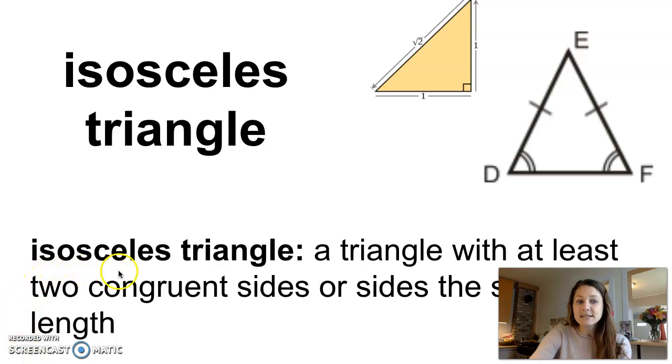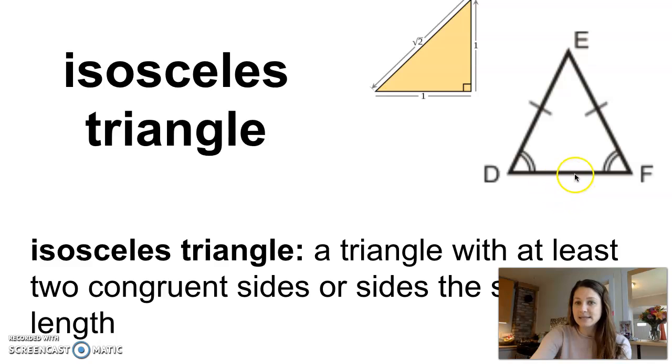An isosceles triangle is a triangle with at least two congruent sides, and congruent means sides the same length. So in this triangle here, we're showing that this side and this side are the same length with these little notches.